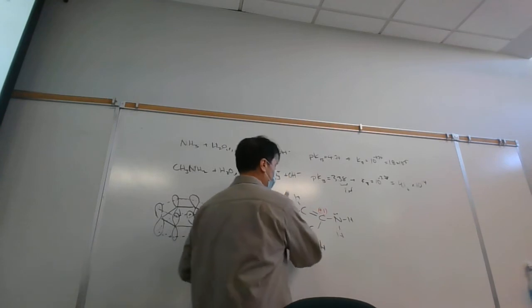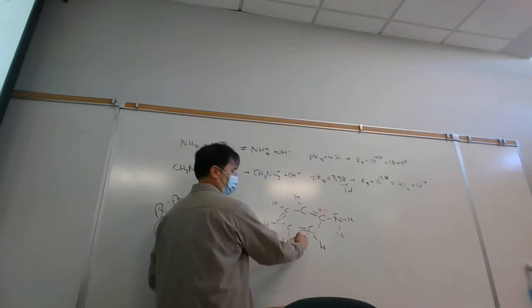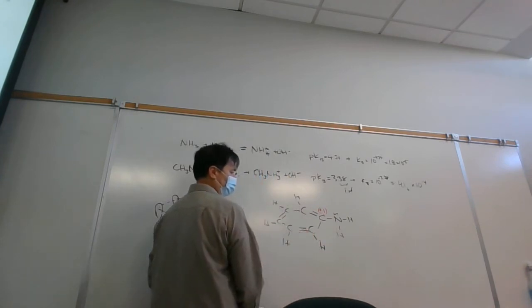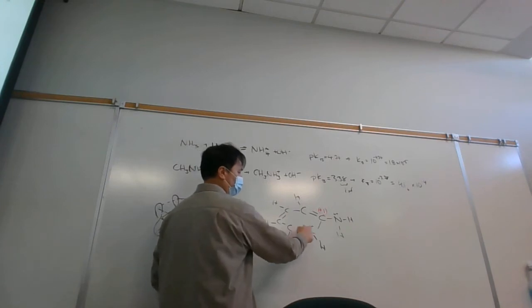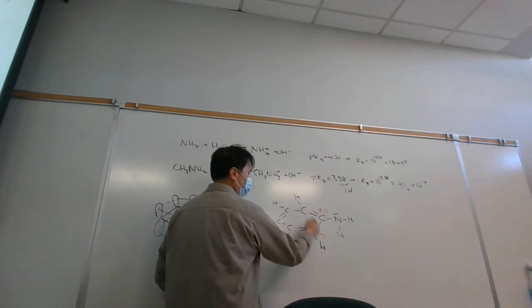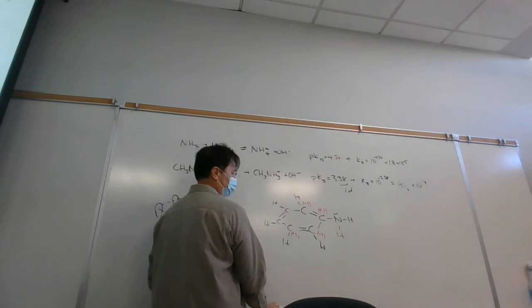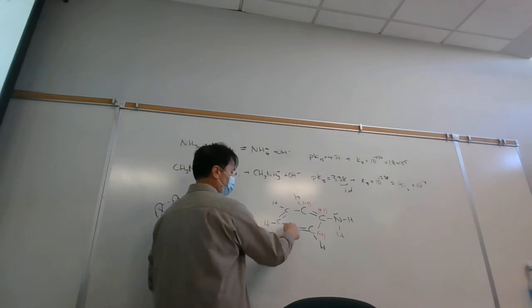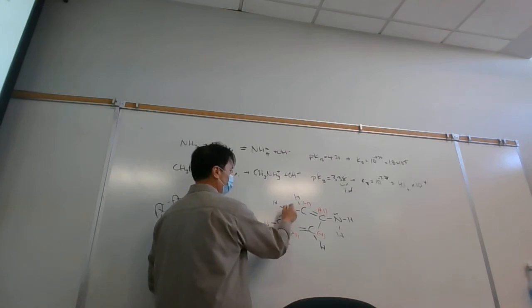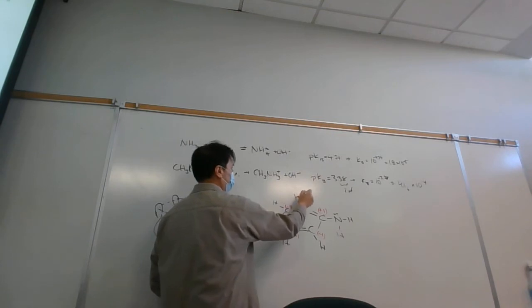The oxidation state of this carbon? It's -1. Yeah, 1, 2, 3, 4, 5. -1. This one would be the same, -1. This one, same. Is it? Yeah. And the hydrogens would be plus 1.